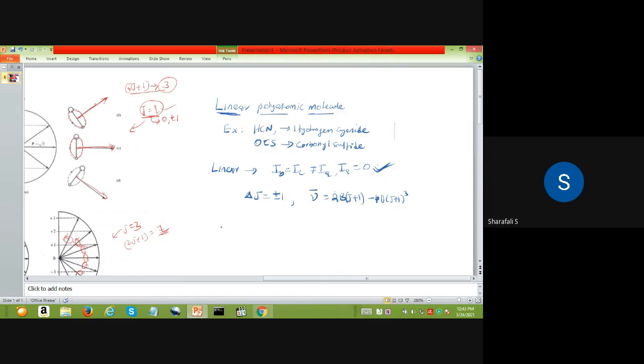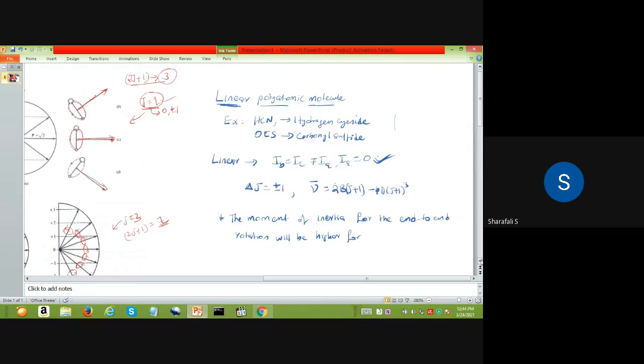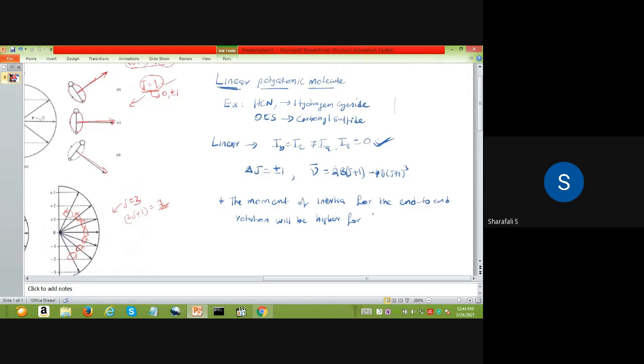So the point here is that the moment of inertia for the end-to-end rotation will be higher for, for example, a triatomic molecule or any higher molecules.